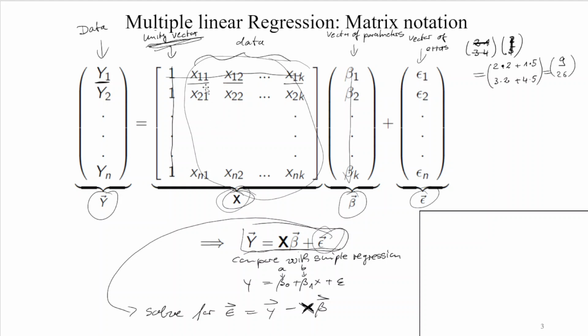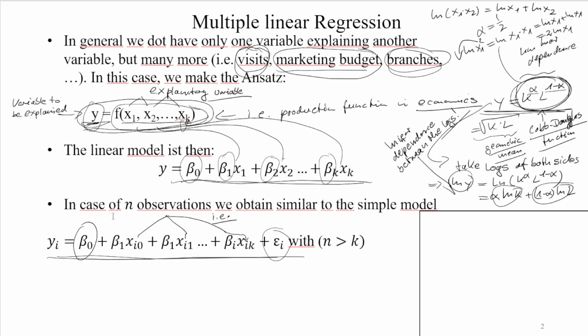What we have to do is take the values for our x variables and add a vector with only ones, units, because this is due to our beta 0.